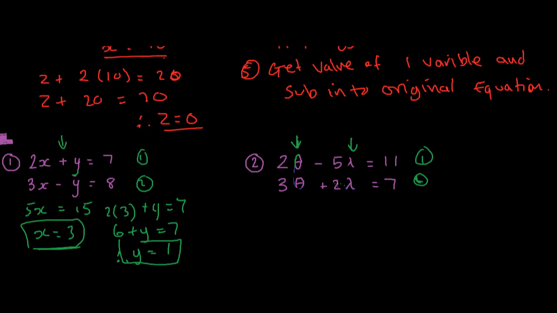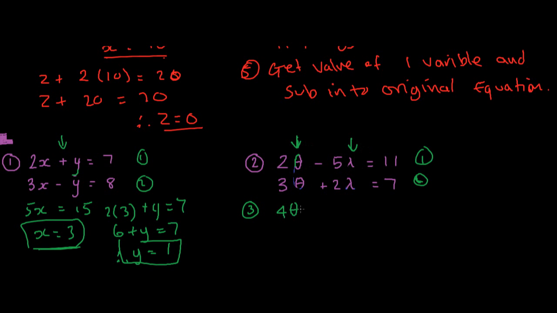Okay. I'm going to choose to make the lambdas the same. So, make a third equation. I've got to times the top equation, because the lowest common multiple of 5 and 2 is 10. I'm going to make 5 lambda into 10 lambda. I have to times by 2. So I've times this whole equation by 2.